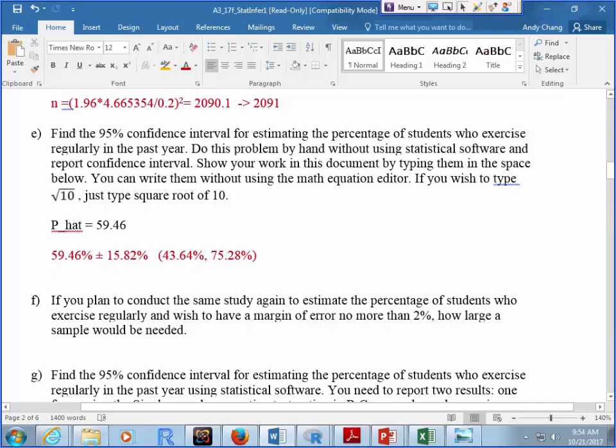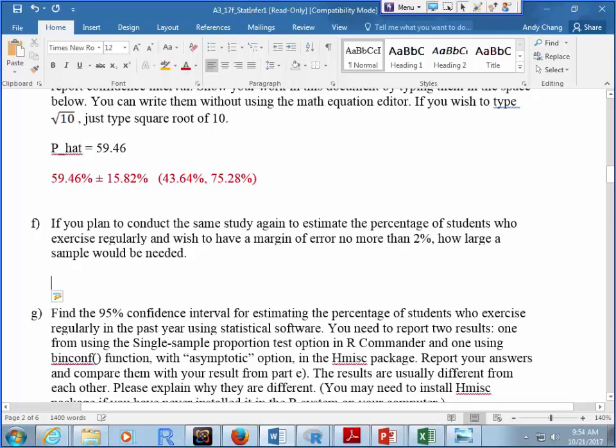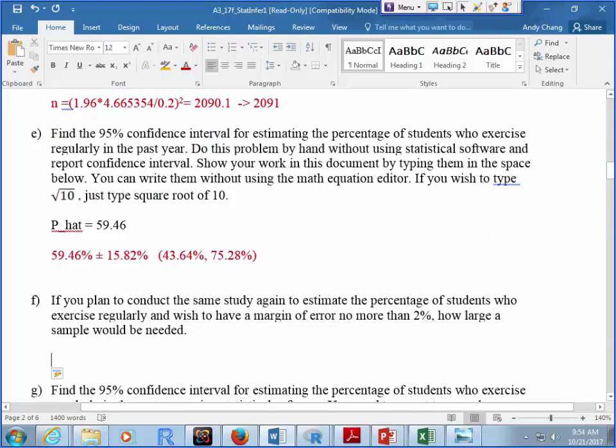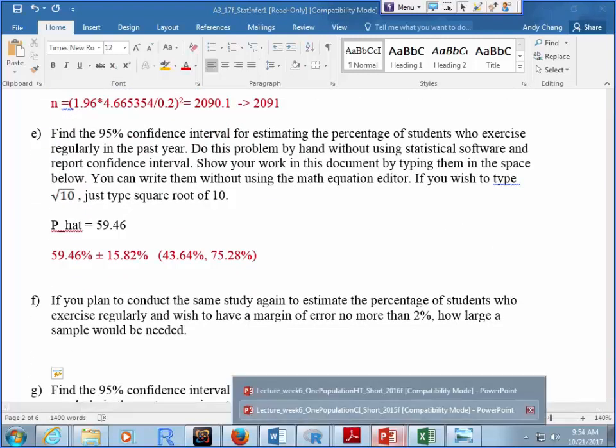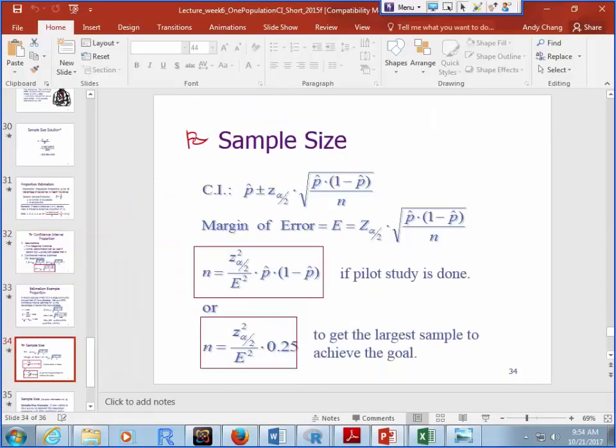If you plan to conduct the same study again to estimate the percentage of students who exercise regularly, we should have a margin of 2%. How large a sample will be needed? So that's, again, the sample size issue. There are two formulas for it, if you recall.